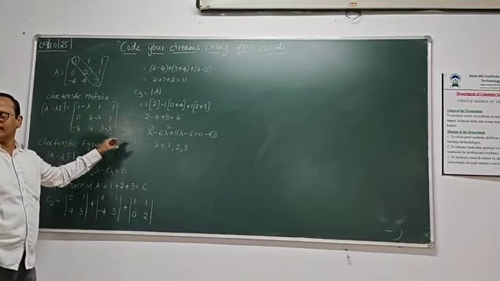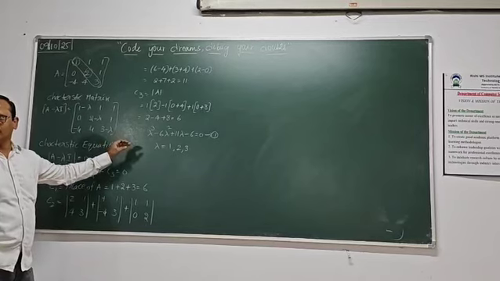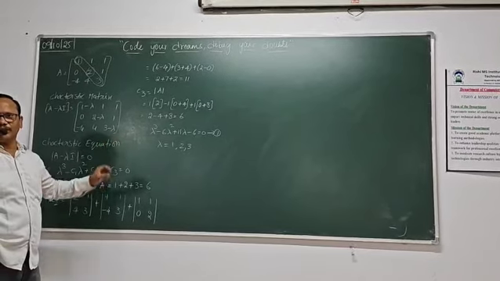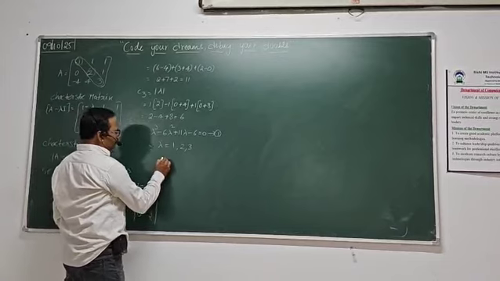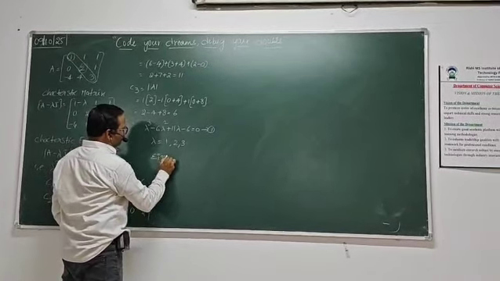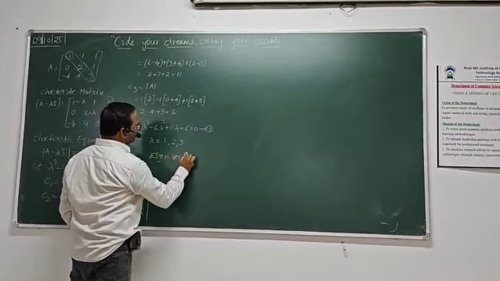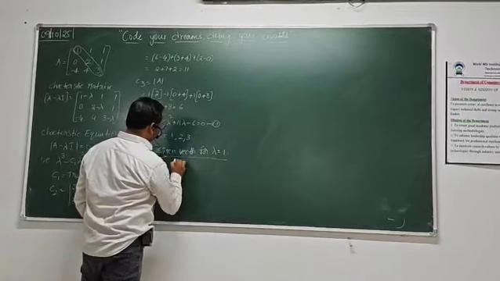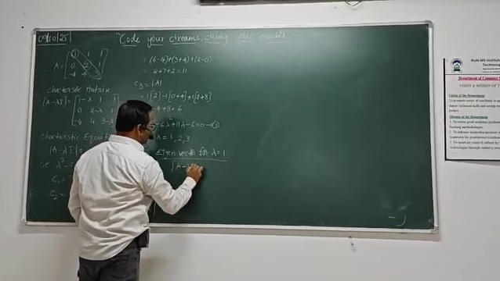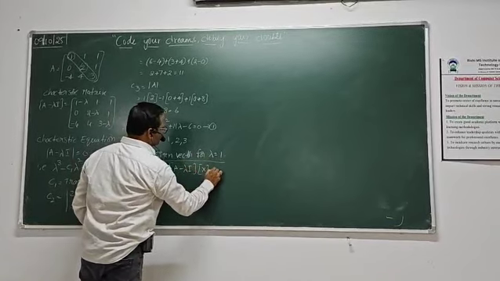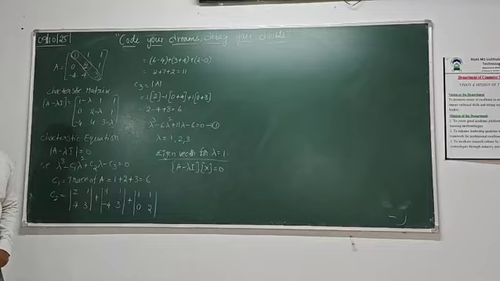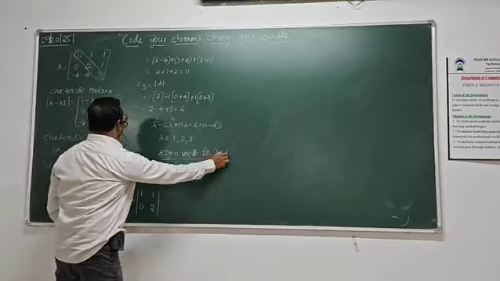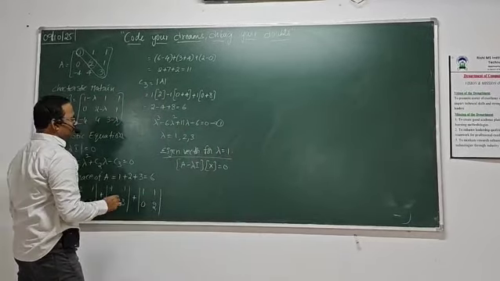So we find the eigenvector for each eigenvalue. The eigenvector for lambda equal to 1 is given by (A minus lambda I) into x equal to 0. Now substitute lambda equal to 1 in the characteristic matrix.